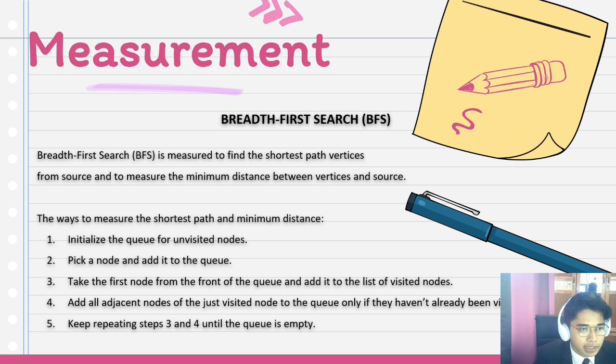For the third, we take the first node of the queue and add it to the list of visited nodes, and then we add all adjacent nodes of the just visited node to the queue only if they have not already been visited. And then we keep repeating steps 3 and 4 until the queue is empty.